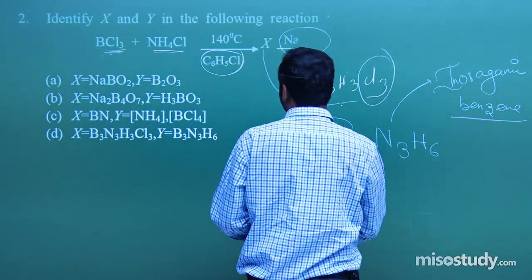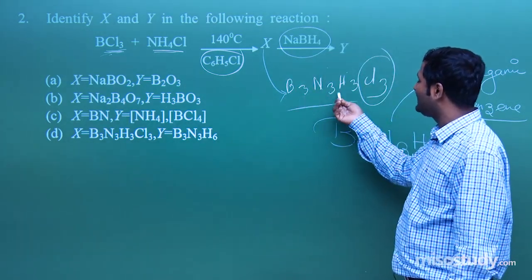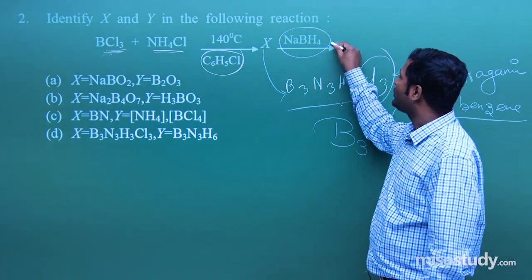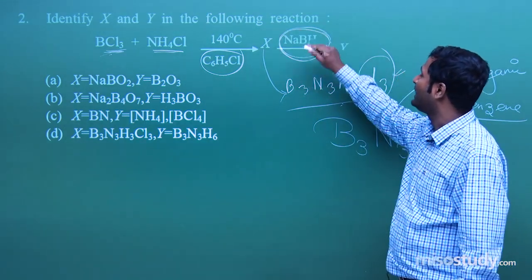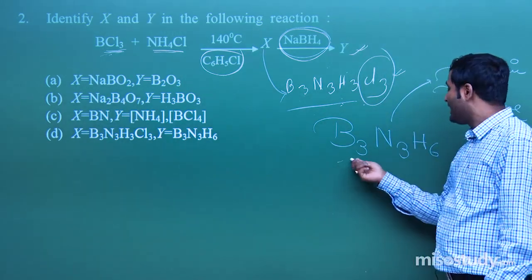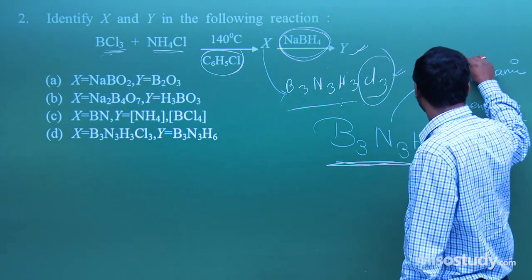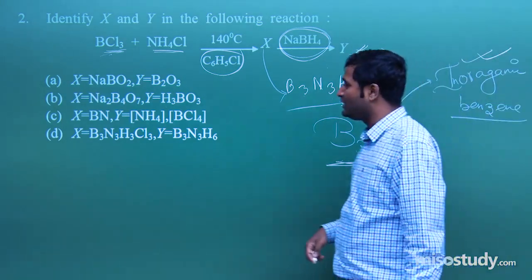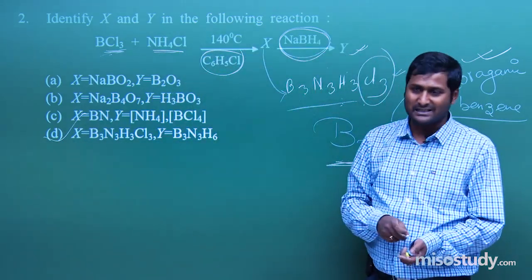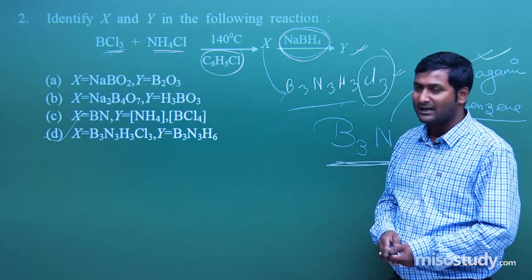So in this case the product X is B3N3H3Cl3, which on further reduction gives you the next product, borazole, known as inorganic benzene. So X is B3N3H3Cl3 and Y is B3N3H6.